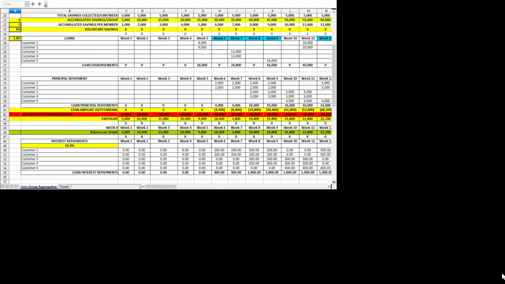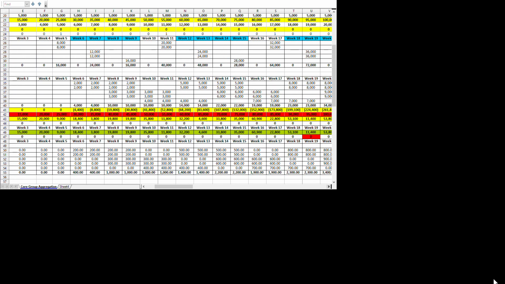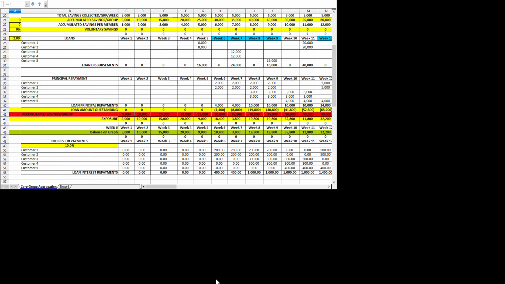You see the stagger in week 5, 7, and 9, because you see the next set of loans going out in week 11, week 13, and week 15. So this is what is called a staggered loan rotation, and this is unique to the Grameen Microfinance model.